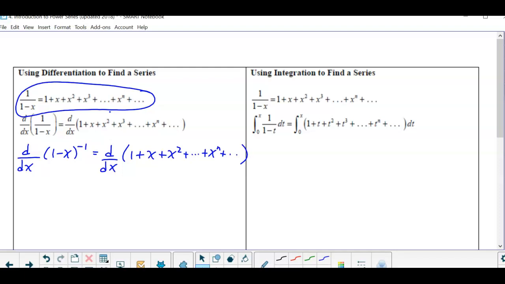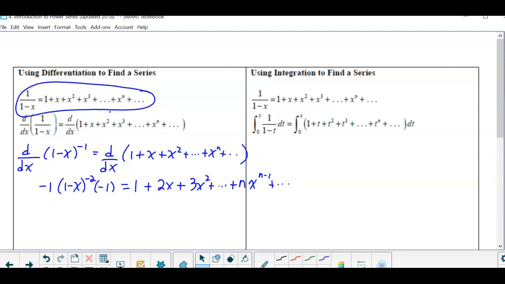Now the derivative of that is going to be negative 1 minus x to the negative 2, and then multiply by negative 1, chain rule on the inside, equals the derivative of the right side. The derivative of 1 is 0, the derivative of x is 1, plus 2x. Next would be 3x squared, up to nx to the n minus 1.